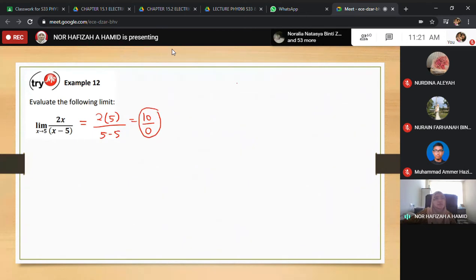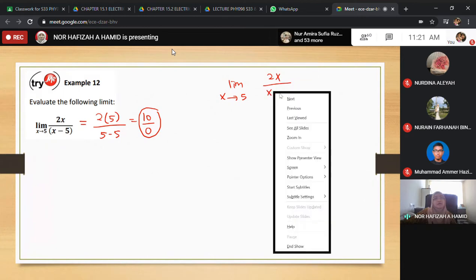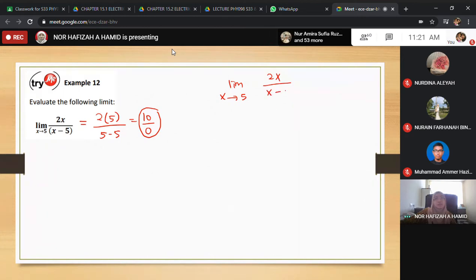Macam ni kalau contoh limit dia, limit x approach to 5 tapi function dia contoh to x minus x minus 4, x minus 3. Contoh x minus 3. So bila you substitute value, you dapat 5 over 5 minus 3. So you dapat negative 10 over 2.